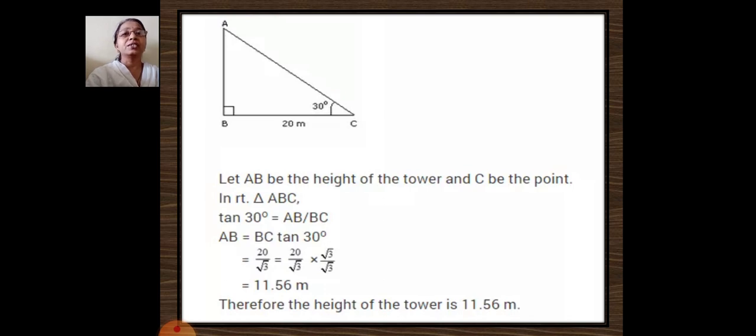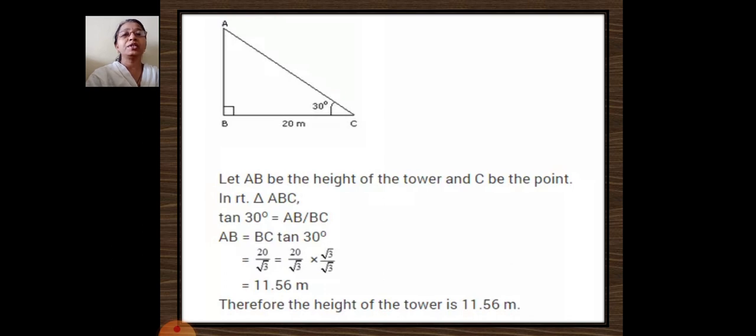Now the adjacent side of 30 degree is given to you and we have to find the height of the tower, which is AB. So take tan of 30 degree, which is opposite upon adjacent. So tan 30 is equal to AB upon BC, right?